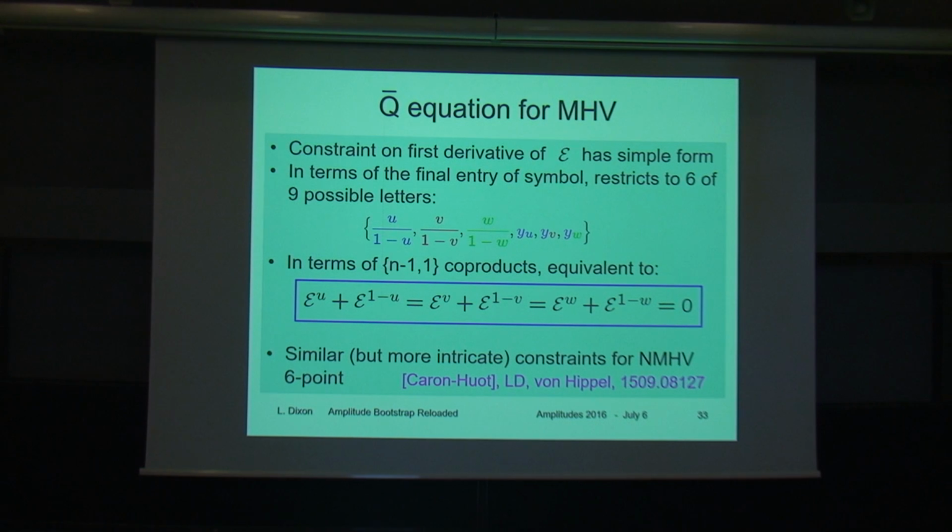So u and 1 minus u don't appear independently, they only appear in this ratio. In terms of the coproducts, it's equivalent to the statement that E^u plus E^(1-u) is 0. These other two are related by the S3 symmetry. And there are some similar constraints which we can write down for the NMHV case.